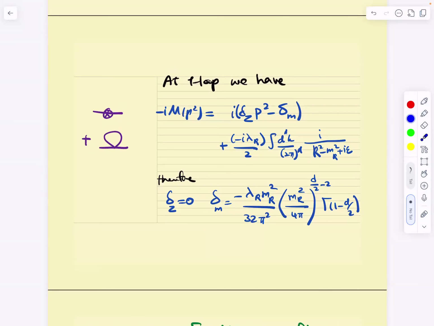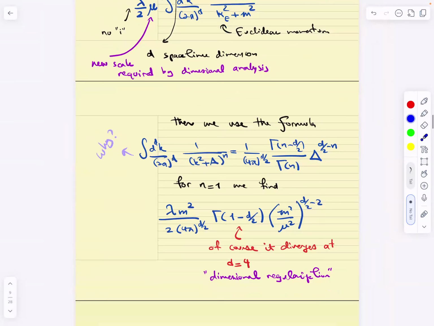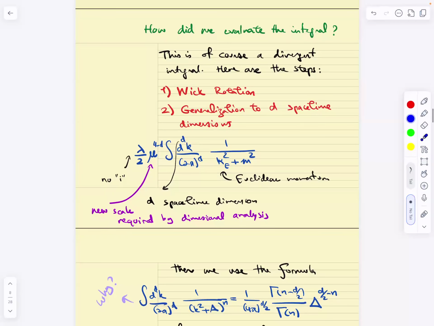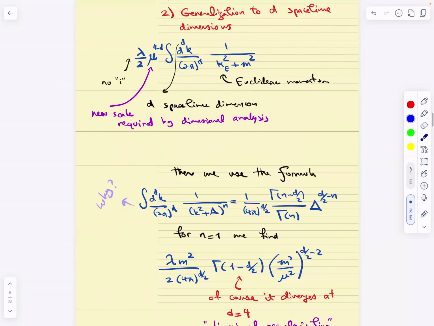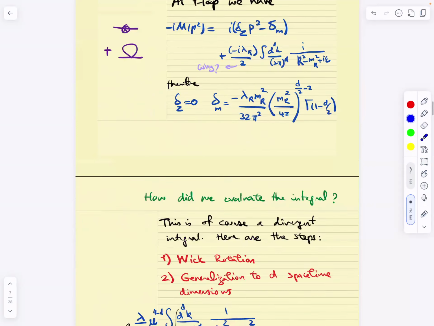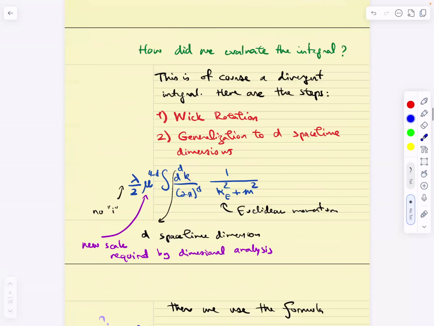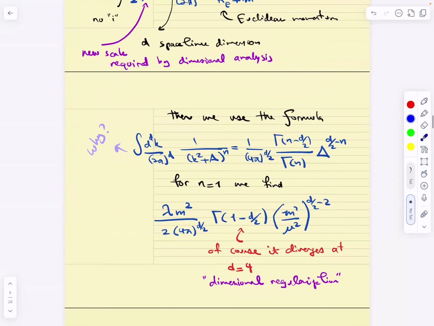Where did mu go? Very good. So when you did the integral here, mu goes to the following place. I did not explain that. This is the answer to your integral.